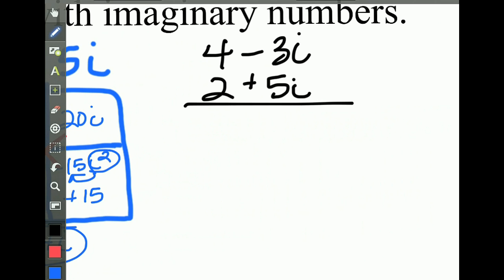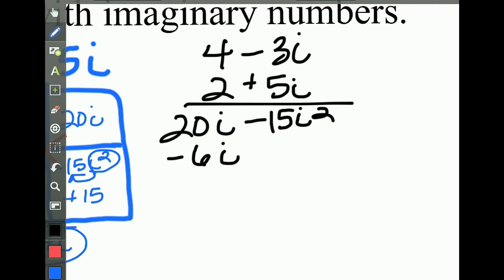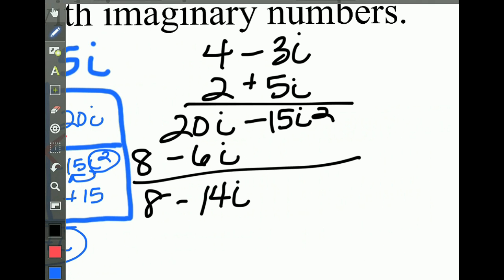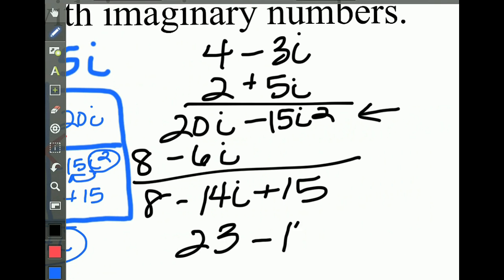All right, so multiplying up and over, just like regular multiplication: -15i squared and 20i. 2 times -3 is -6i, and 4 times 2 is 8. Add those up. This switches its signs because i squared essentially makes your number the opposite of what it was originally. So you would also get 23 plus 14i.